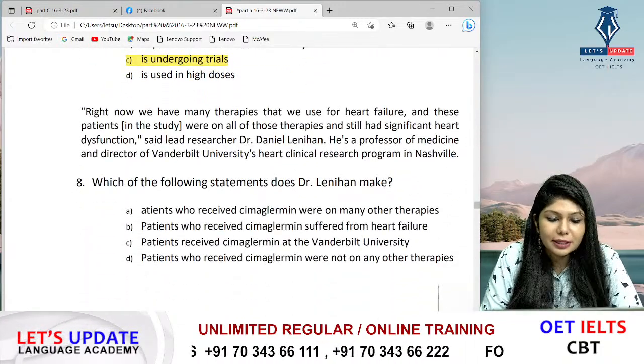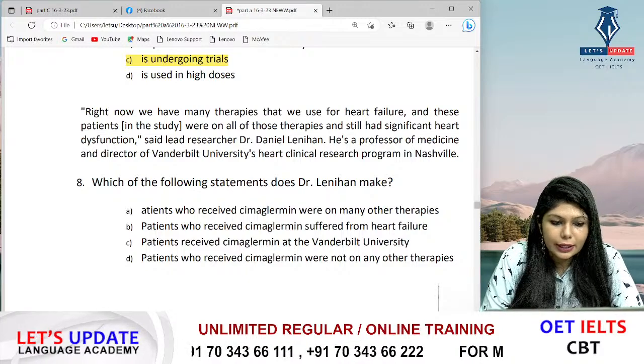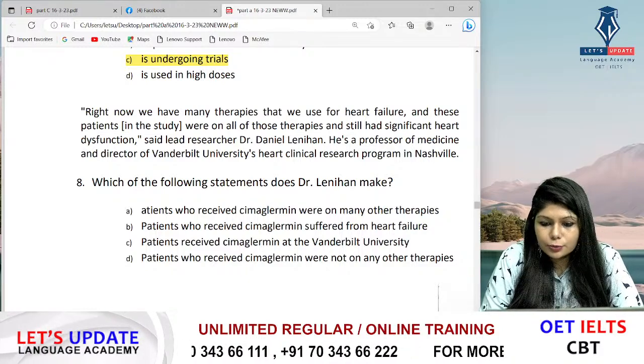Question is, which of the following statements does Dr. Linehan make? And then this is a paragraph, so you can read the paragraph.